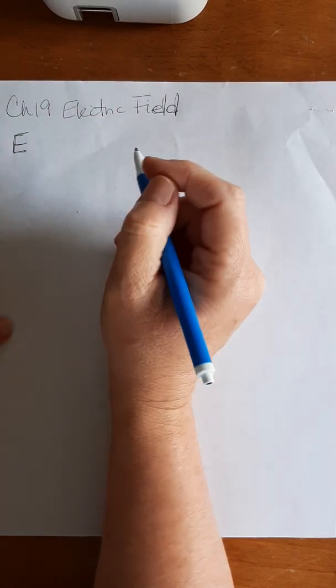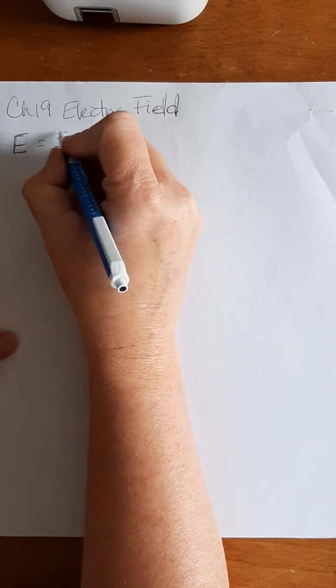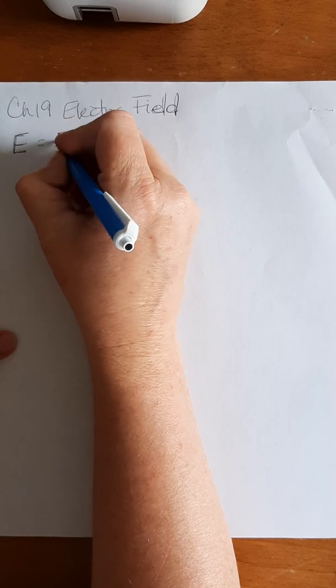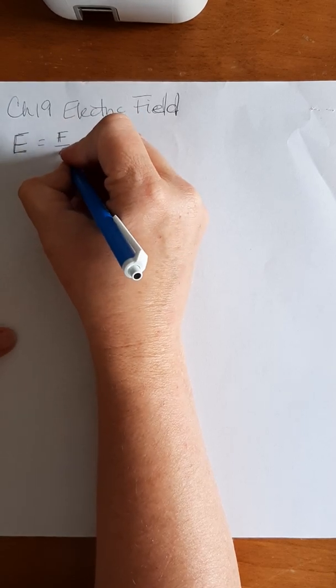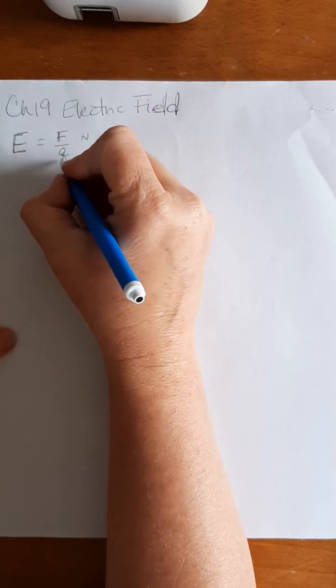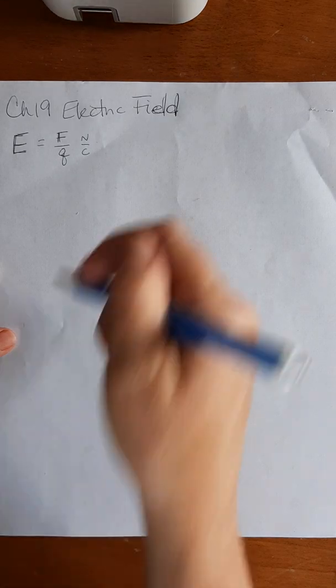Electric field strength, or E, has two formulas. Remember, that's just how strong the field is at any particular area, so that's why it's force over charge. Force is measured in newtons, charge is measured in coulombs, so that's its unit.